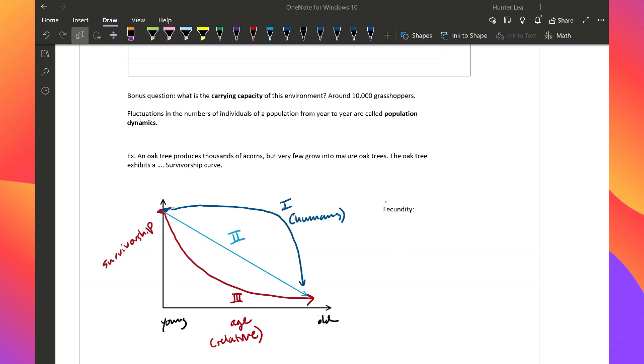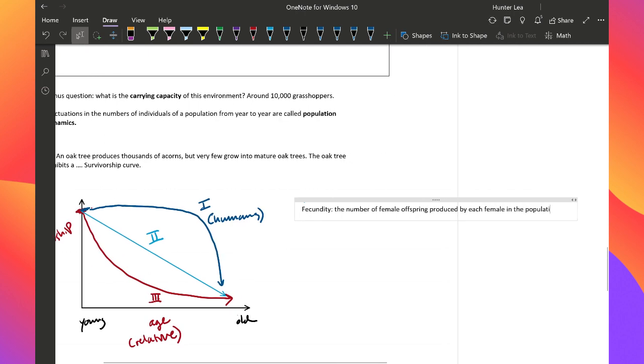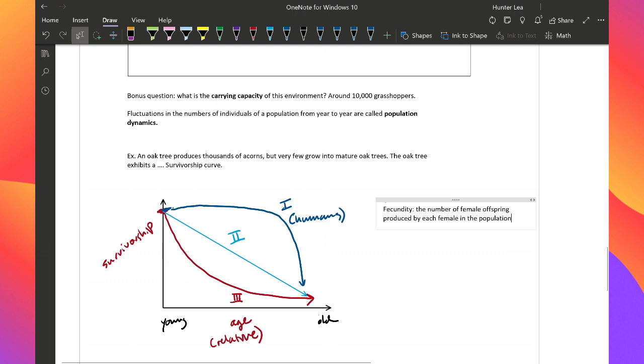Fecundity is the number of female offspring produced by each female in the population. High fecundity results in a tendency of a population to grow quickly, reach sexual maturity at a young age, and then produce many, many small eggs or seeds.